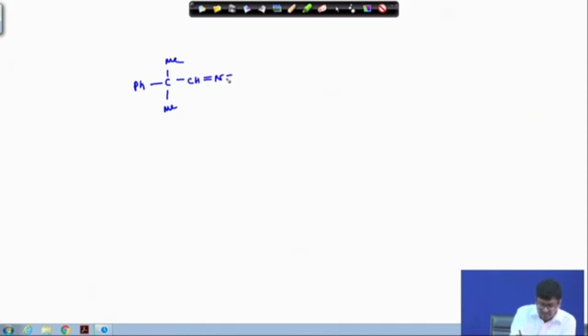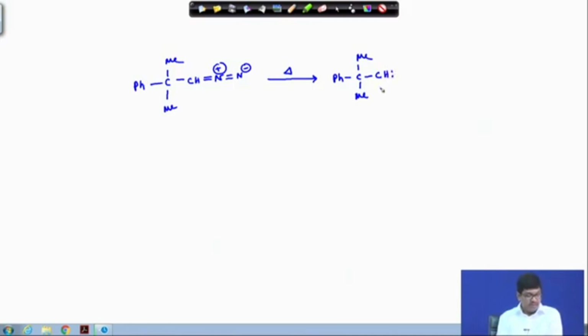Here the precursor is the corresponding diazo compound. Now, under thermal condition, this will give the corresponding carbene. Once this carbene is there, again there are two or rather three possibilities.